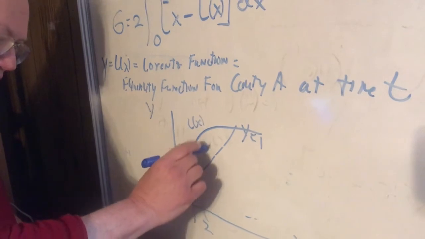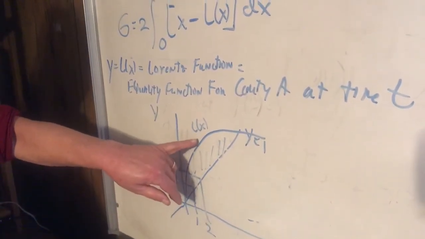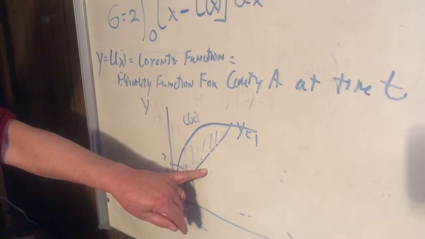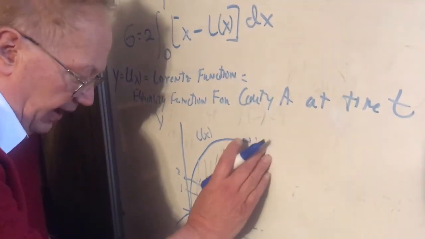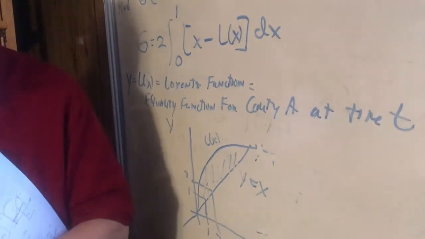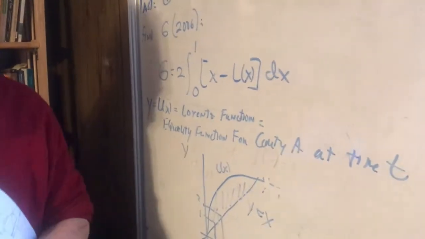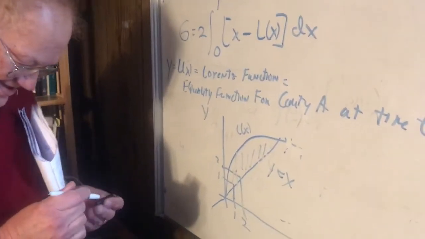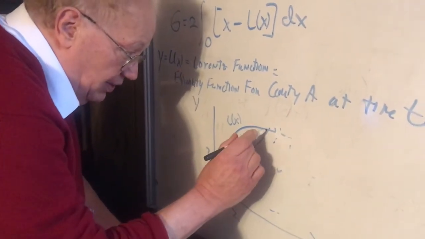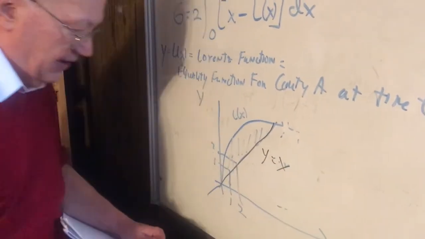The area of this Lorentz function will measure the difference between how far the county is from the ideal income distribution when y equals x. Okay, so this line is, let's draw it like this. That's our ideal. We want everybody to have the same income.